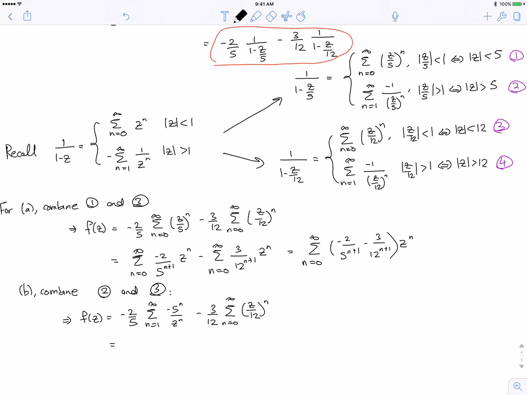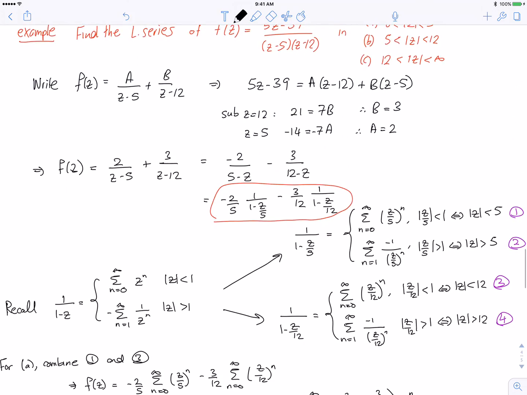Now this series on the left can be written as 2 times 5 to the n minus 1 on z to the n, minus the sum from n equals 0 to infinity of 3 on 12 to the n plus 1, sorry, z to the power of n. And that will be the answer to part B. So this will converge when the modulus of z is between 5 and 12.